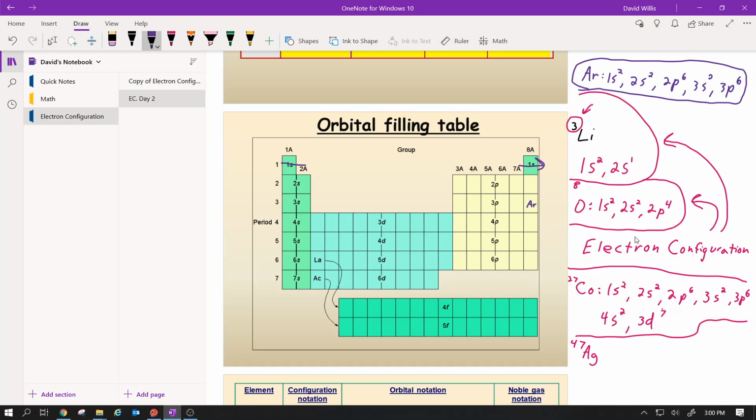Here's what I want you to see. You see this 1s2, 2s2, 2p6, 3s2, 3p6? That's the same as that start right there.